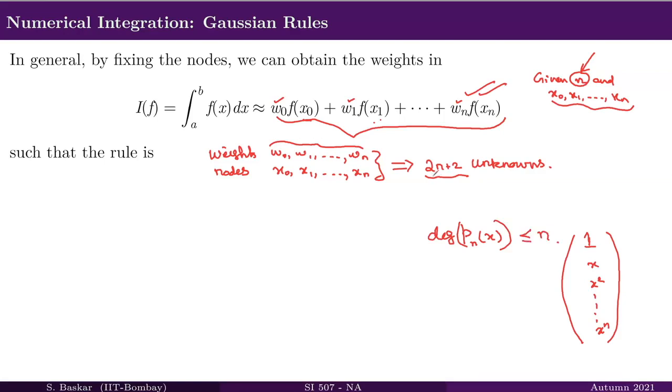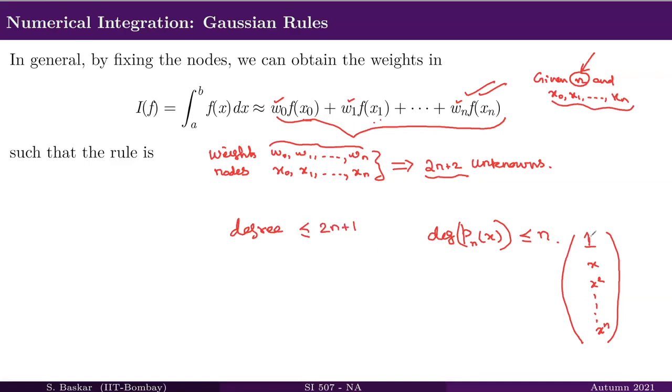Now we have 2n plus 2 unknowns. Therefore, what should be the degree of the polynomial for which we should assume that the quadrature rule is exact? It should be 1 less. Therefore, it should be 2n plus 1.